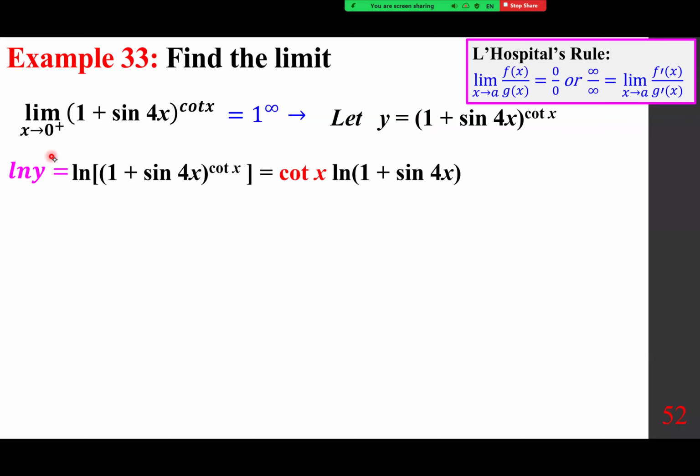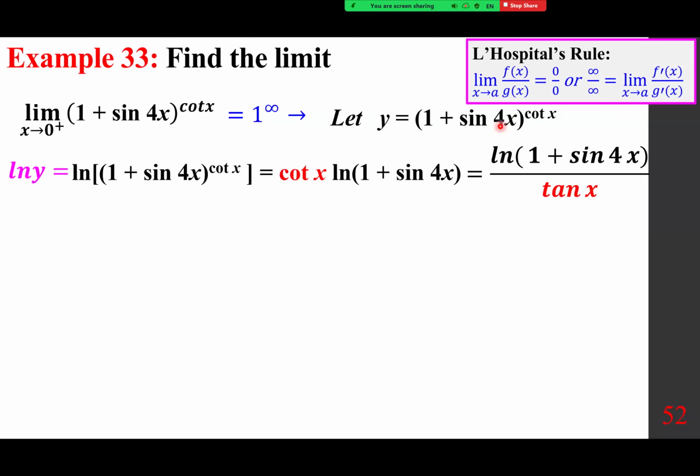Remember that this is the power rule. And I'm going to write this over tan x because cotangent is 1 over tan x, so it goes under the fraction bar as the denominator.